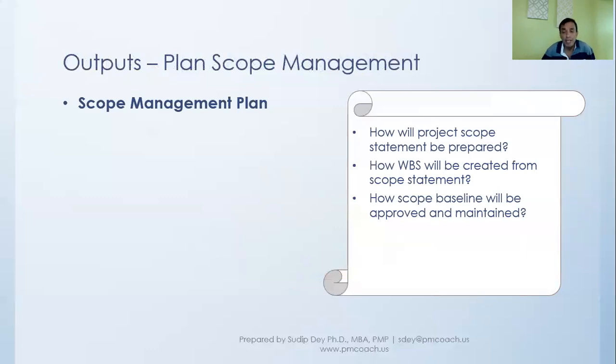And in fact, there are three components in the scope baseline, which we'll talk about: one is the scope statement, one is the WBS, and one is the WBS dictionary. Once we approve the scope baseline, how will we maintain it? As we can expect, there will be changes in there.